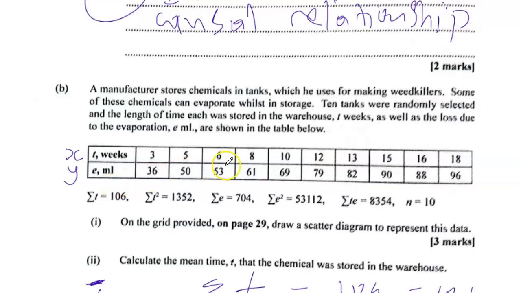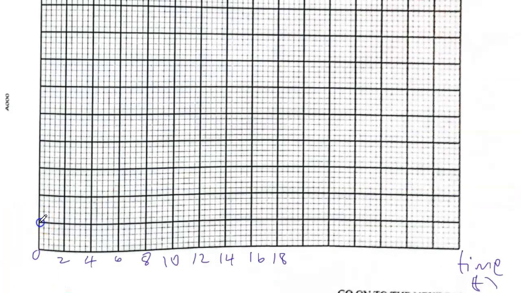E goes up to 96, so I'll do a 1-to-5 scale for E. Just realizing that a 1-to-1 scale doesn't work, so I'll do a 1-to-2 scale: 2, 4, 6, 8. Actually, I'll do a 1-to-10 scale for the vertical axis, which is E.